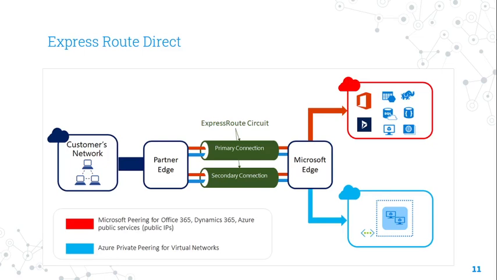ExpressRoute Direct supports massive data ingestion scenarios into Azure Storage and other big data services. ExpressRoute Direct now also supports 40 Gbps and 100 Gbps circuit SKUs. The physical port pair of 100 or 10 Gbps can only have multiple virtual circuits.